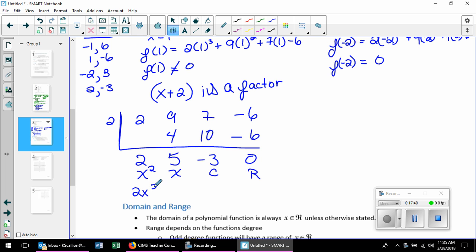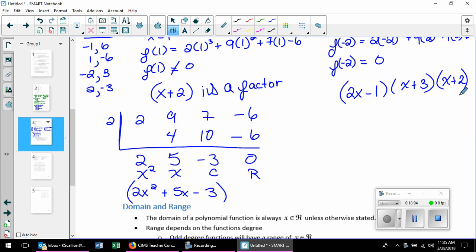So 2x squared plus 5x minus 3 is my other factor. And then you can factor this, which I'm sure you all continue in your head. My third factor is x plus 2. So that's what you need to know.